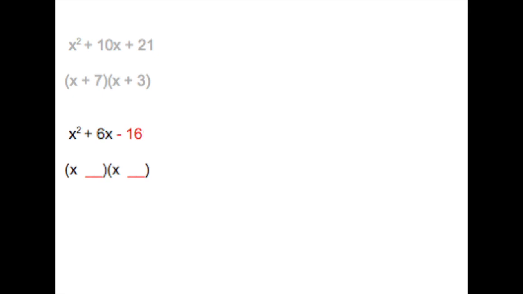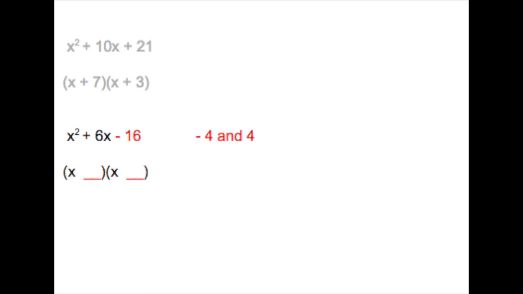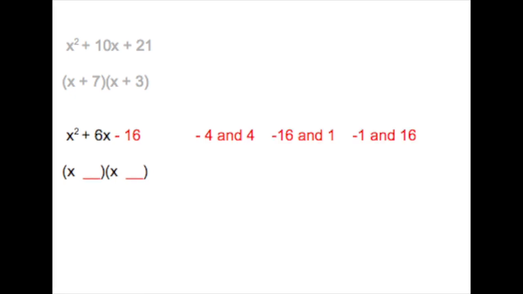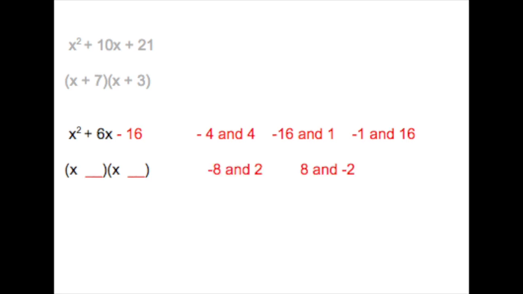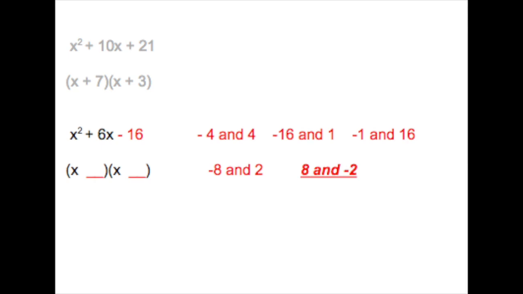Let's start by thinking about the various options that could multiply to get negative 16. Negative 4 and 4, negative 16 and 1, negative 1 and 16, negative 8 and 2, and 8 and negative 2. 8 and negative 2 would be the only of these options that multiply to get negative 16 and add to get positive 6.